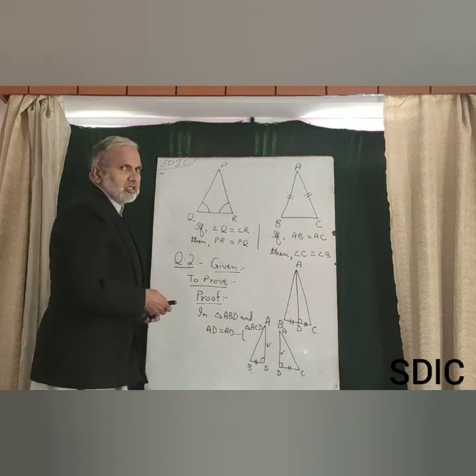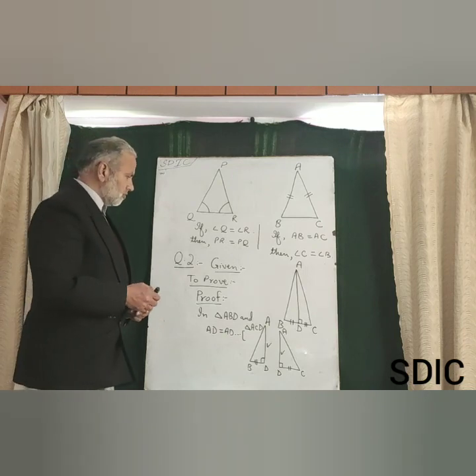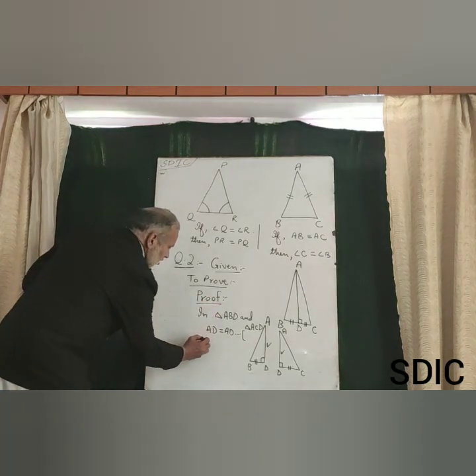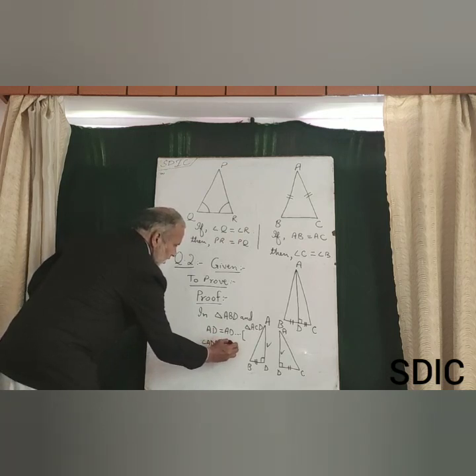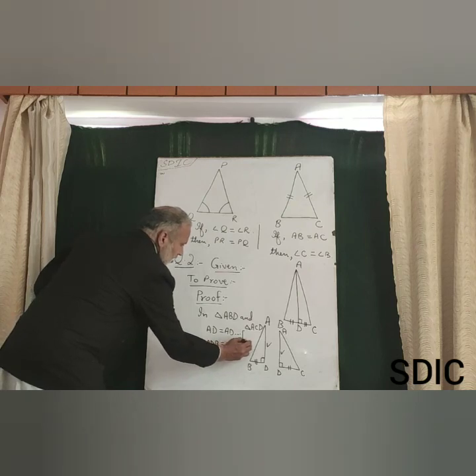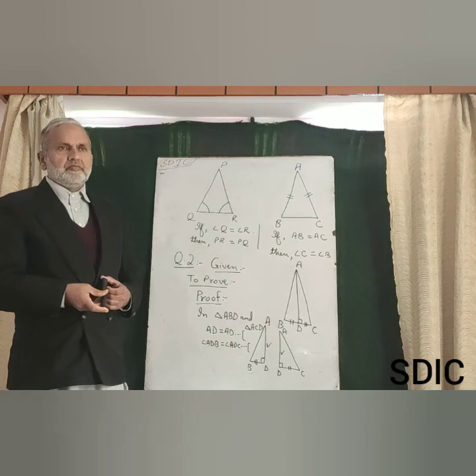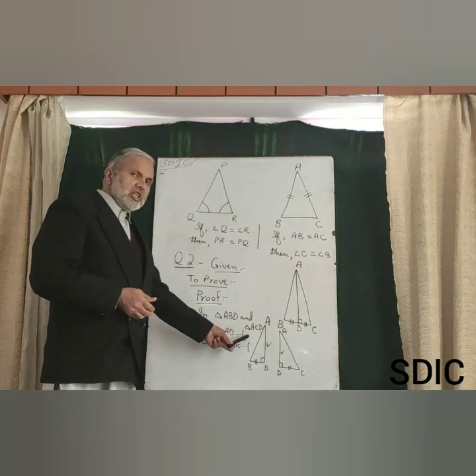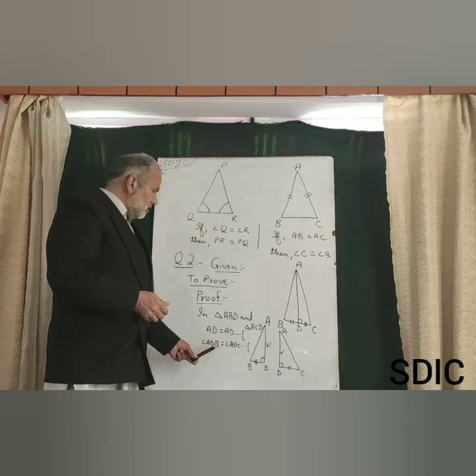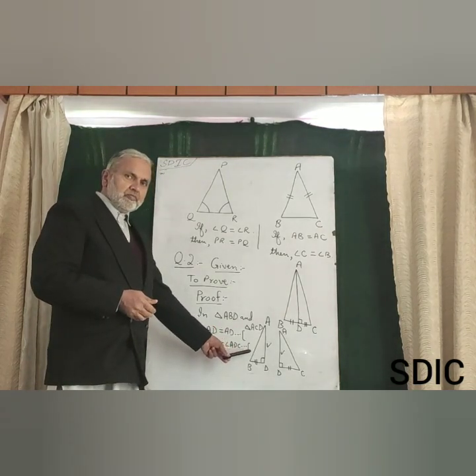You can write in the bracket: common side. Second point, angle ADB is equal to angle ADC. The reason for this we will write: each 90 degrees. The reason for the first point is common side. The reason for the second point is each 90 degrees.